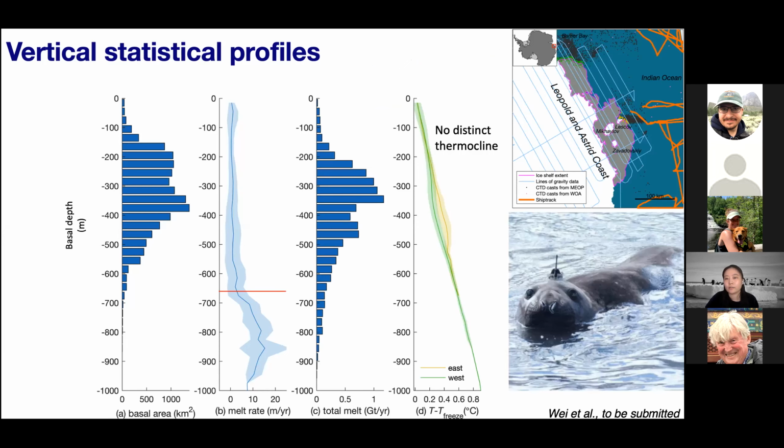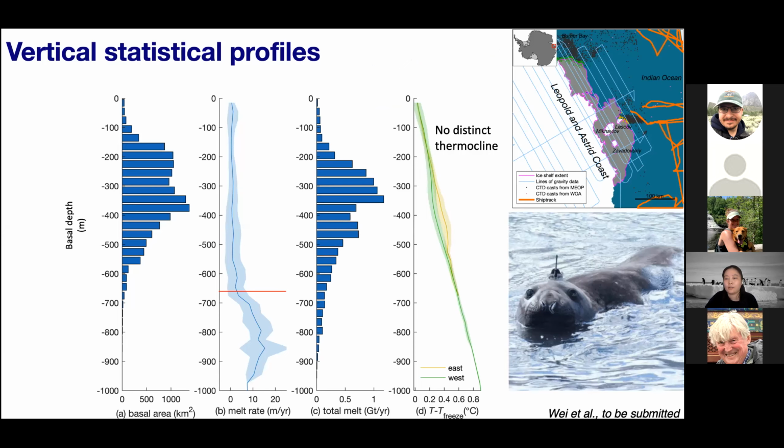We also look at the vertical distribution of water masses near the ice shelf that is compared to the vertical distribution of melt rates and the total areas of ice shelf itself. The vertical axis is basal depth from the second subplot, which is the melt rate as a function of basal depth.